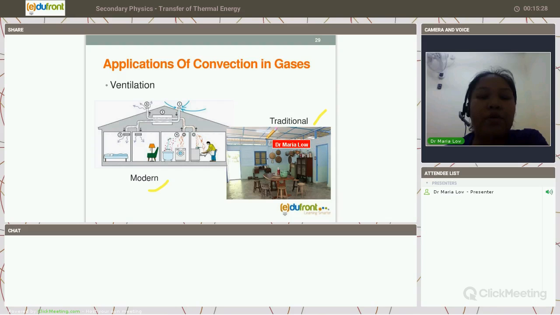The way they build, if you notice carefully, at the top of the house, they have lots of gaps near the roof area, and that is meant for the hot air to rise up and escape from the house, and the cooler air will sink into the house so as to allow a better circulation of air within the room or the house. So that is how convection of gases takes place in ventilation systems.